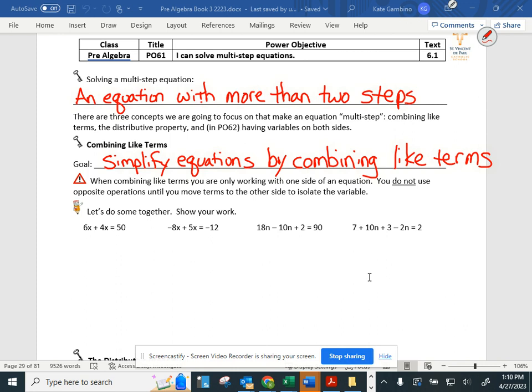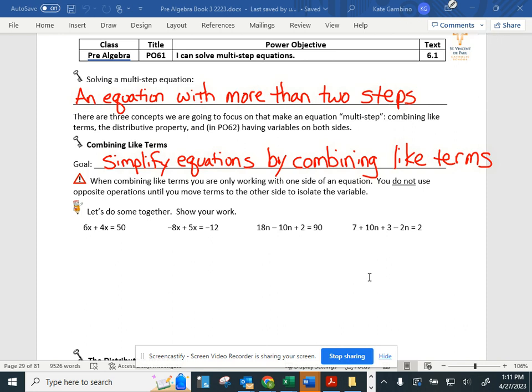Combine your like terms. Then you do opposite operations, moving terms to the other side. So we only combine like terms on one side of the equation. You look at the other side of the equation, you combine those like terms. Then we do opposite operations. Okay?